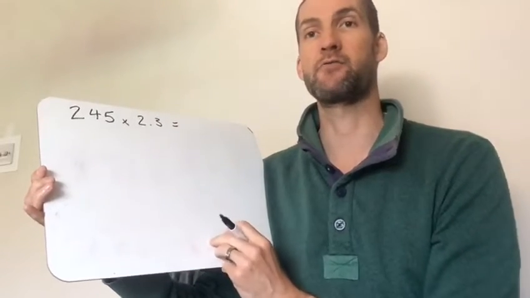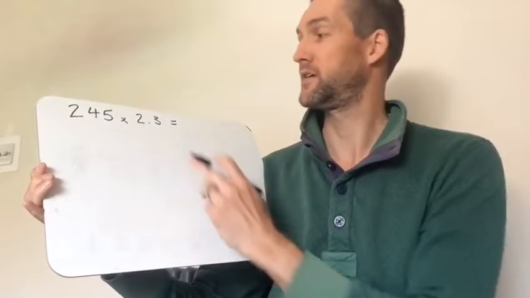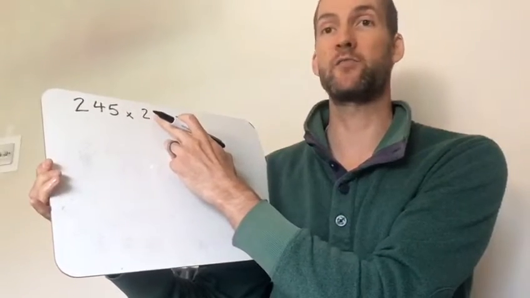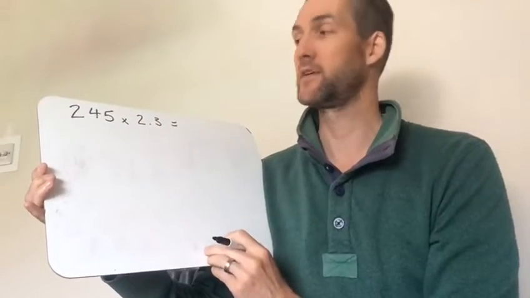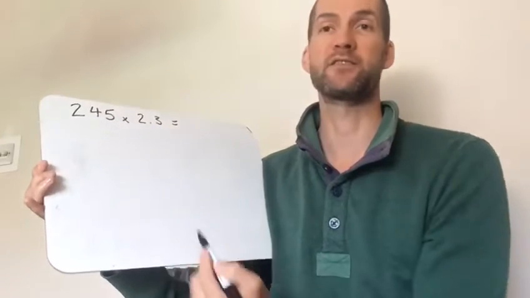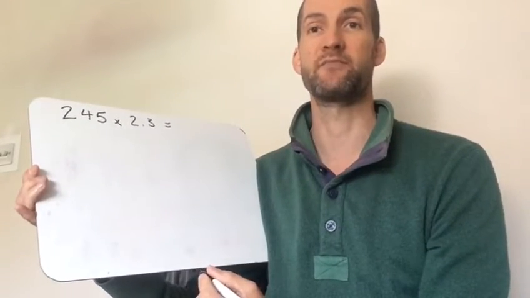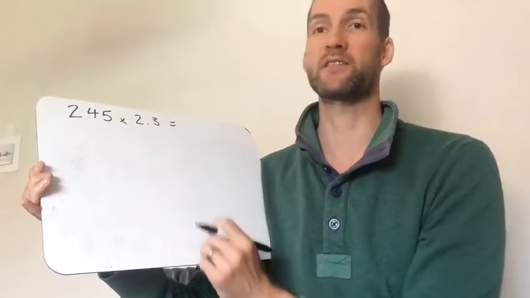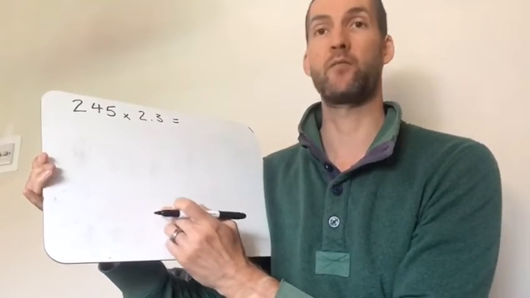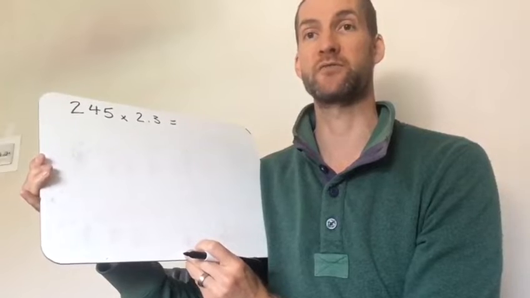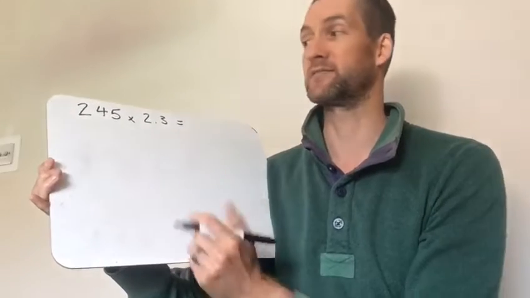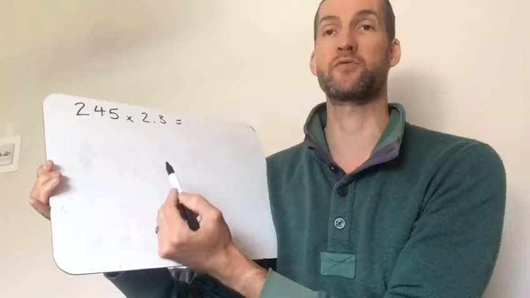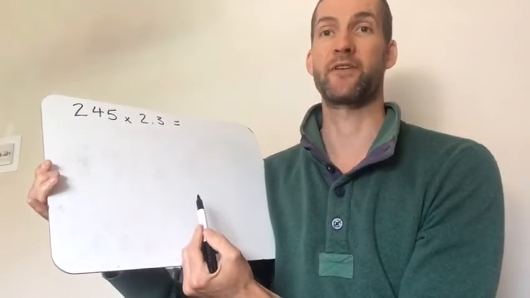Now, if you remember what I said in class, if the decimal point wasn't there, you would quite happily work out 245 times 23. So what you can do, when you're using your written method, is leave the decimal point out and put it where you know your answer is going to go to start off with. Then effectively you're multiplying 245 by 23.